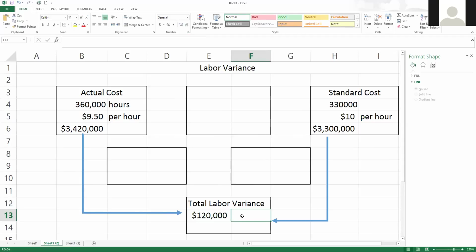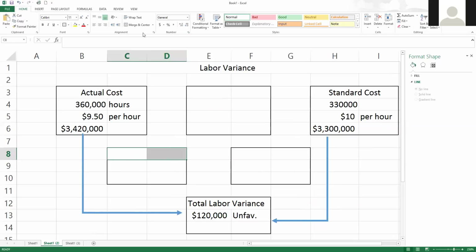You're probably figuring this out way ahead of me and are already bored. We actually spent more than we were planning to, so that's unfavorable. But just like before, there are two elements to it. Is it the fact that we used more hours, or did we spend more money per hour, or what caused this variance? And we're going to build the same diagram you see on page 449.